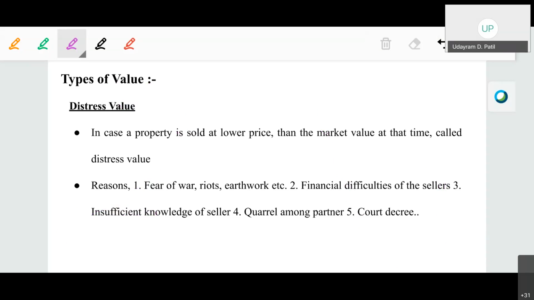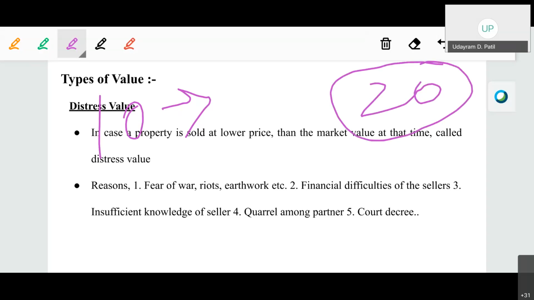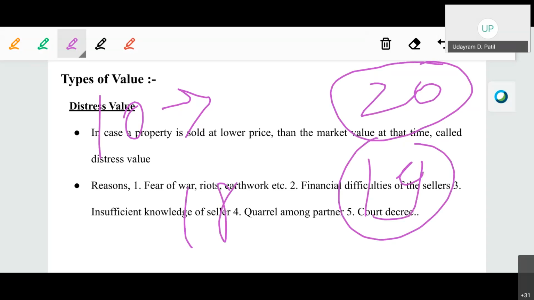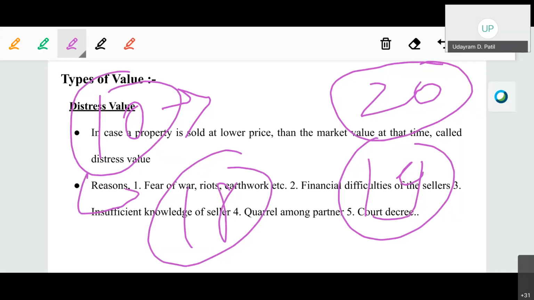Similarly, if the owner is facing some financial difficulties, काहीतरी फायनान्शियल डिफिकल्टीज असेल, in that case, समजा त्याला 10 लाख रुपये अर्जंट लागत असतील, आणि प्रॉपर्टी as per the current market value 20 लाखाची आहे, but as he is in financial difficulty, therefore he might agree to sell that property at a lower value like 19 lakhs or 18 lakhs, कारण त्याला 10 लाख रुपयांची आवश्यकता आहे.